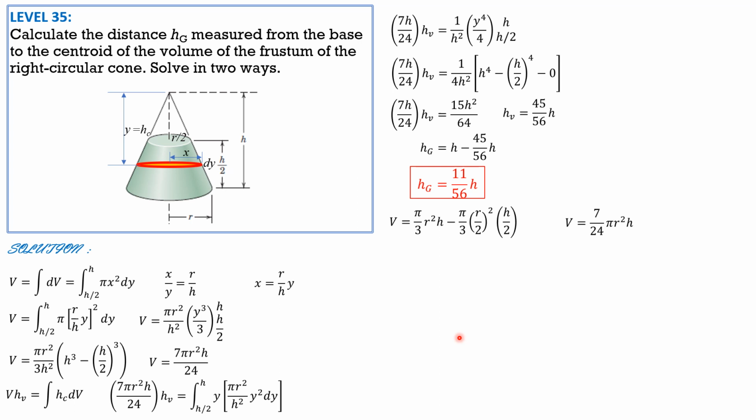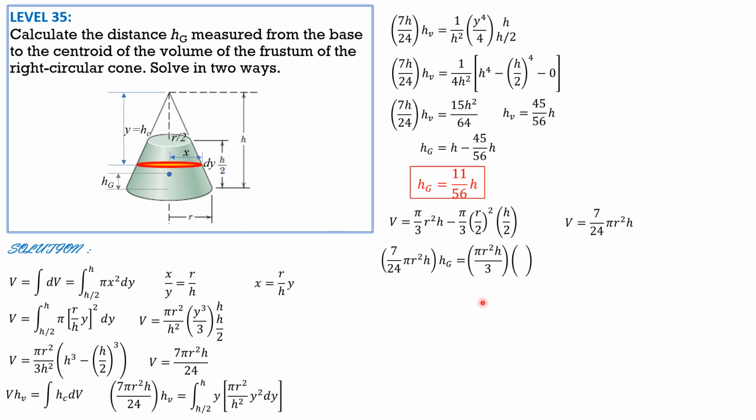Then apply Varignon's theorem. Volume times h sub g, so that's the location of the centroid. Then this is h sub g. So volume 7 over 24 pi r squared h times h sub g equals the volume of the big cone, pi over 3 r squared h. Then the centroid of the big cone from the base is h over 4.